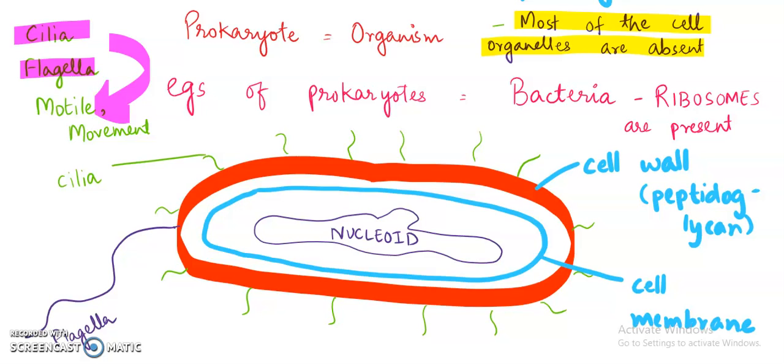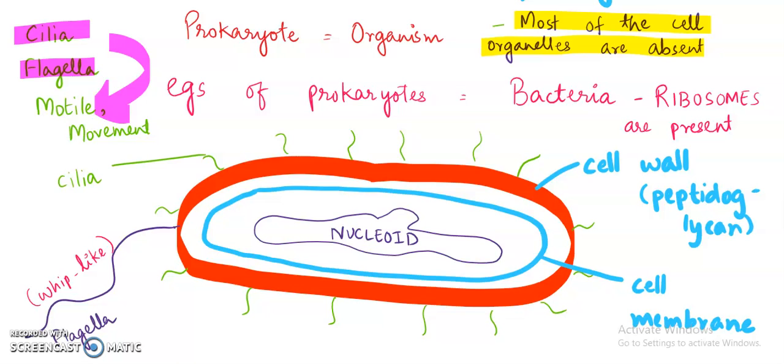Cell wall in bacteria is made up of peptidoglycan. Cilia are small hair-like structures and flagella is a long whip-like structure. Okay, so I'm writing here whip-like structure. Right? Ribosomes are present and most of the cell organelles are absent. This much you should definitely know.